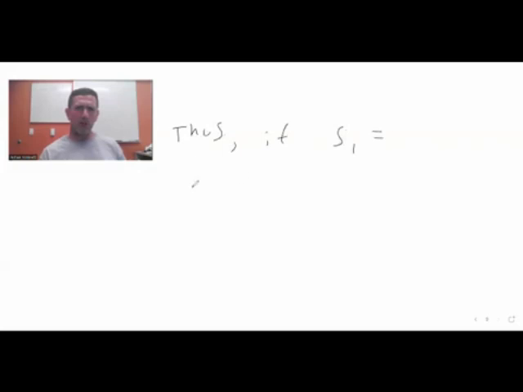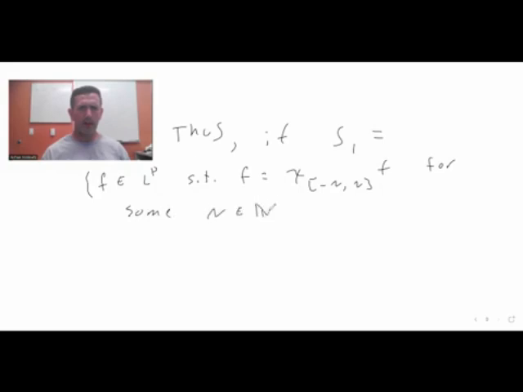So if S1 is the set of all F in LP of R such that F equals the characteristic function of minus n to n times F for some n, then S1 is dense in LP.